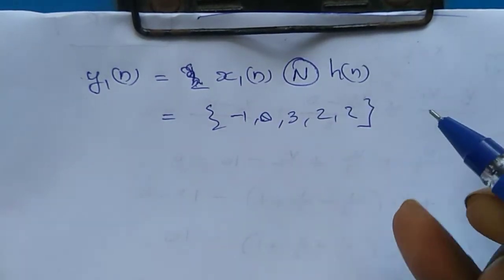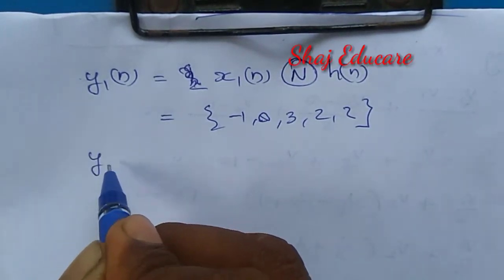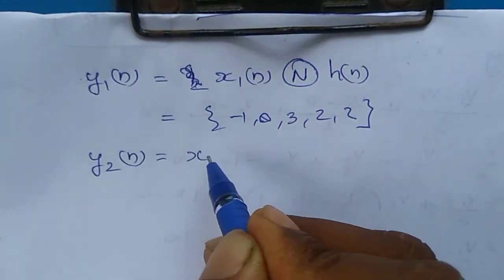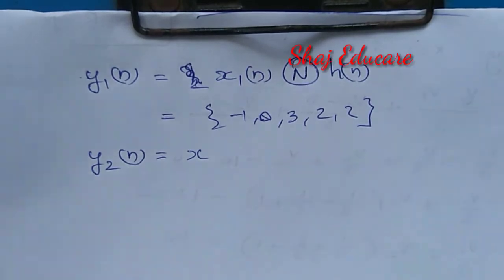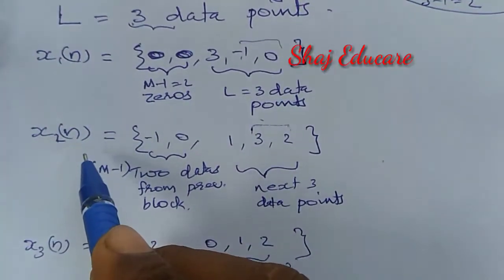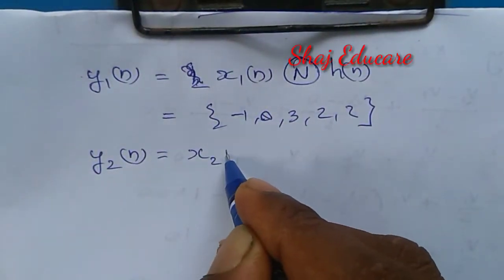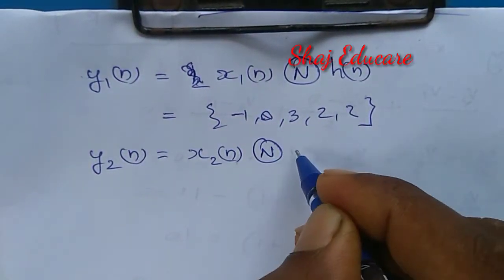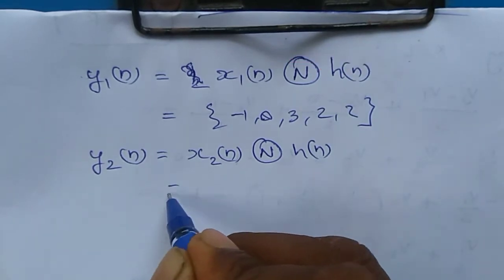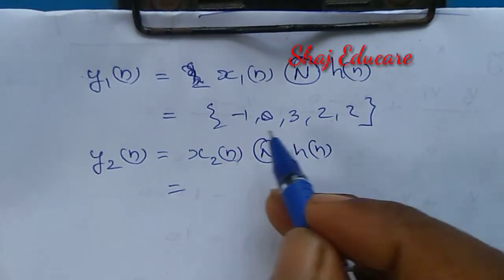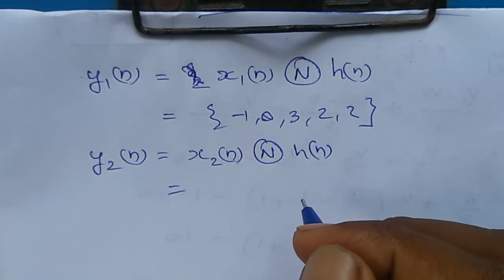Next we have to find y2 of n, that will be of course the convolution between the second block element x2 of n with h of n. x2 of n circular convolution h of n. Again, the details of the steps are not going to be given here.